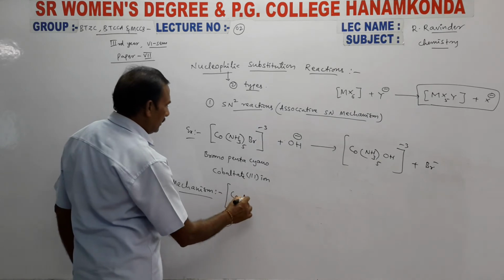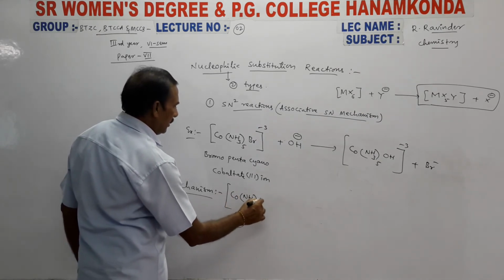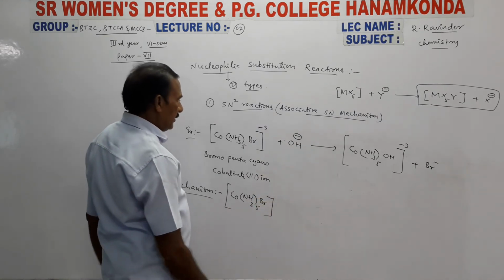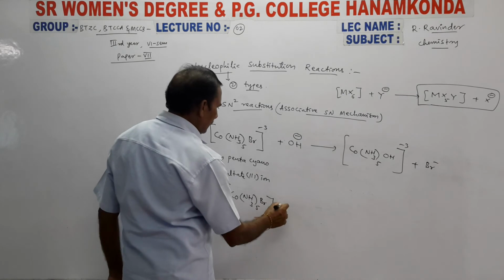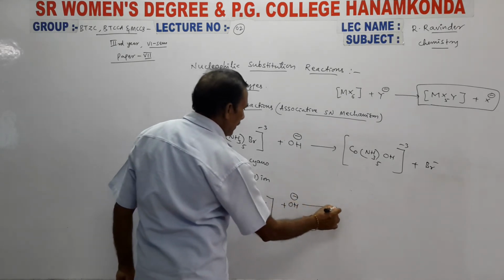Now the mechanism is, first of all, bromopentaamine cobalt reacting with OH minus in a slow step.